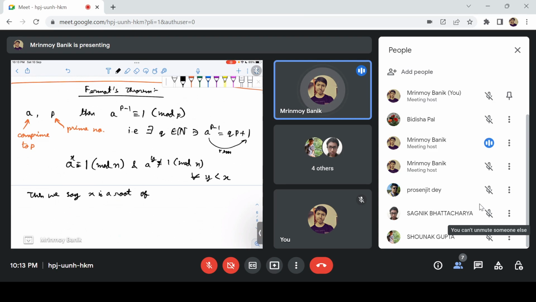These are called primitive roots modulo n.